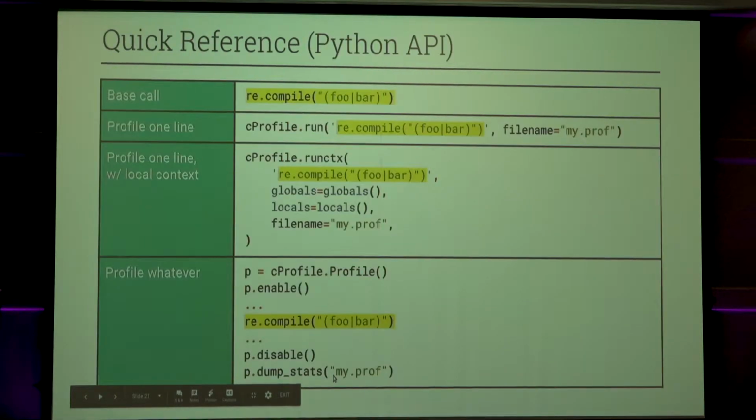So if you're crazy, you could do it in production too. I don't know. But yeah, this is a way to target just part of the code, especially in a larger application where you don't care about a bunch of other stuff that's running.